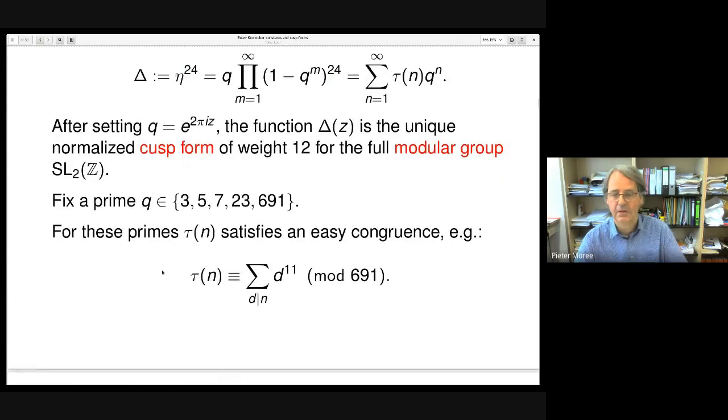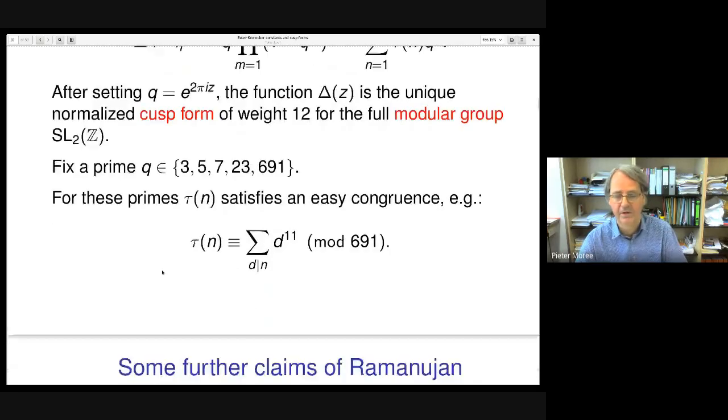And so he was interested in all kinds of properties of this tau function, and one thing was congruences. And the most famous of these congruences, and very likely all of you have seen this, is that tau of n is congruent to sigma 11 of n modulo 691. So this is a sum of divisor functions.